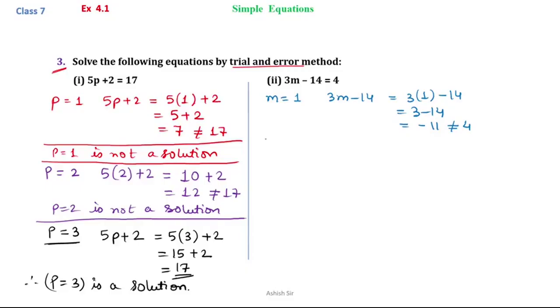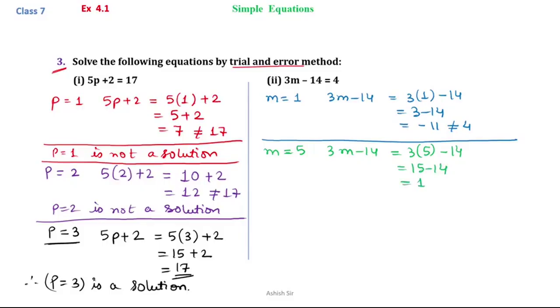So as m equals 1 is not a solution, we have to try with a greater value. So we can try with, let us say, 5. So 3m minus 14 will be 3 into 5 minus 14, that is 15 minus 14, that is equal to 1.